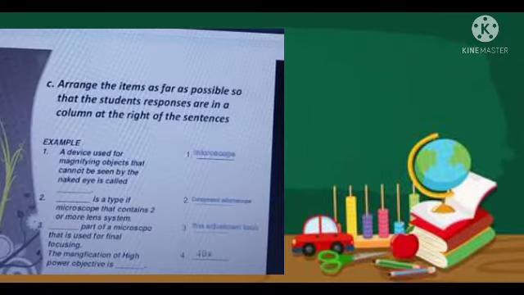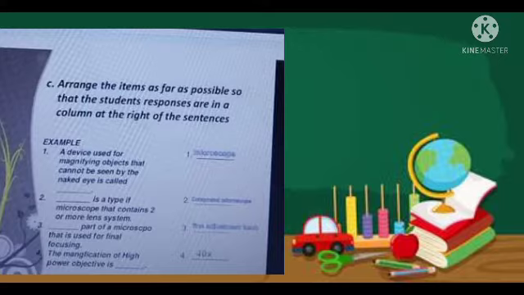Letter C. Arrange the items as far as possible so that the students' responses are in a column at the right of the sentences. Example: "A device used for magnifying objects that cannot be seen by the naked eye is called blank." The answer to that one is microscope.